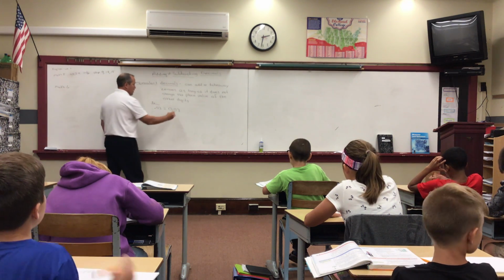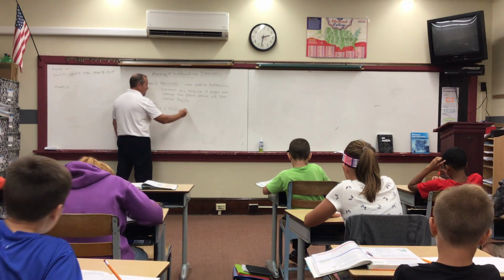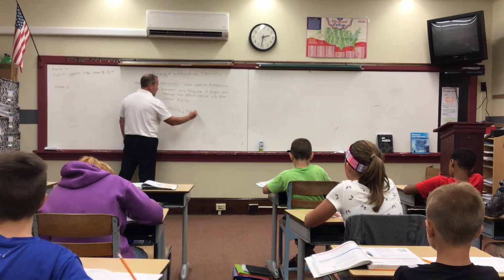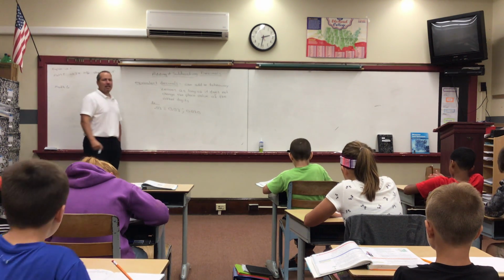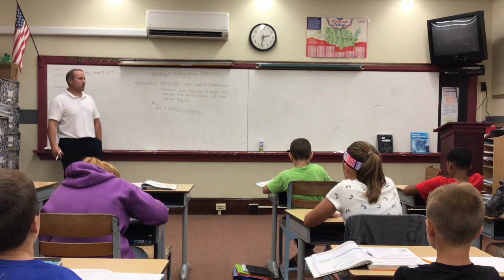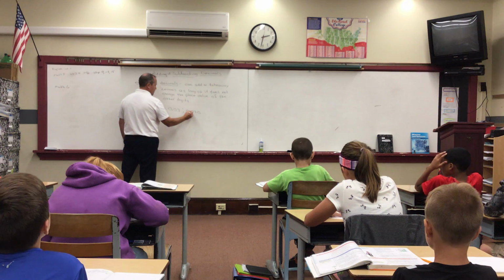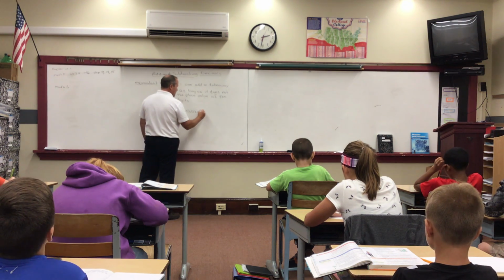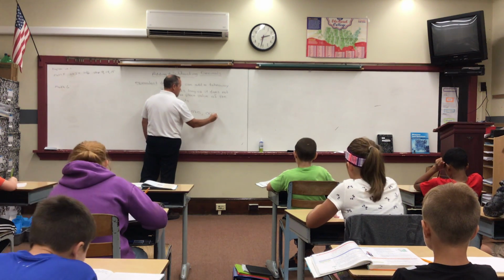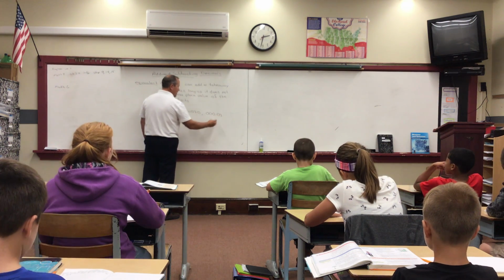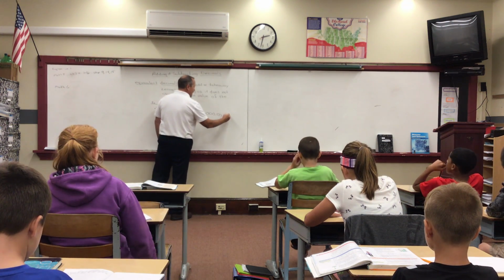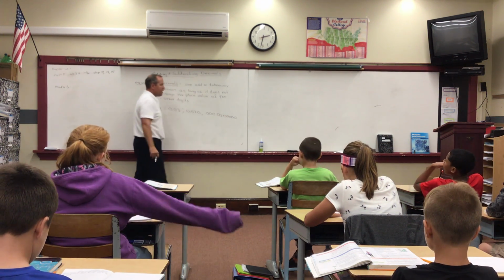We can also put a 0 behind the 3, because once again, it did not change the place value of the 3. We can add as many zeros as we want, once again, as long as it does not change the place value of the 3.